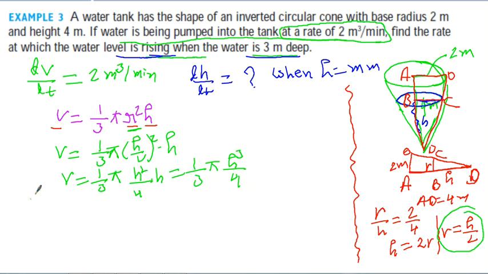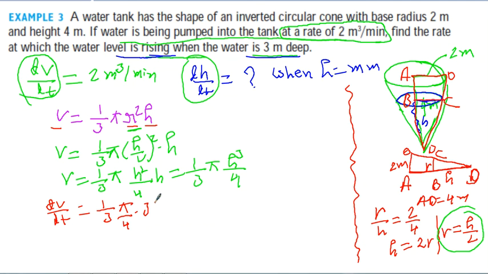And now I am going to differentiate, because I have dV/dt and I want dH/dt, and this can be done when I differentiate. So dV/dt is equal to 1/3 π into 3H².